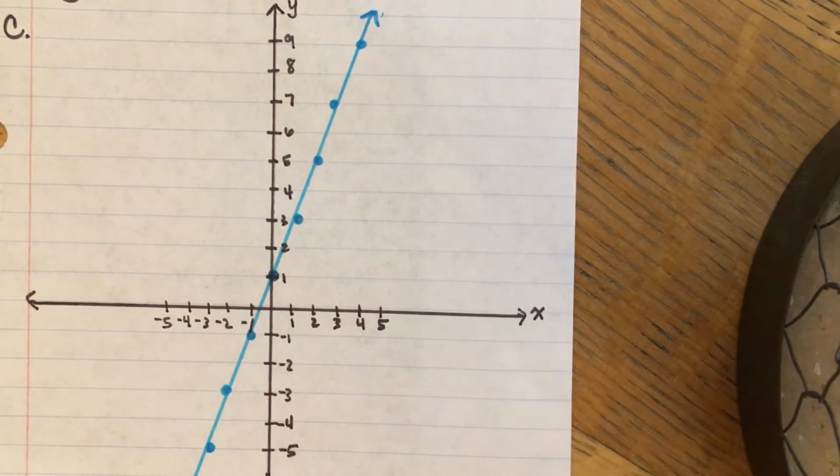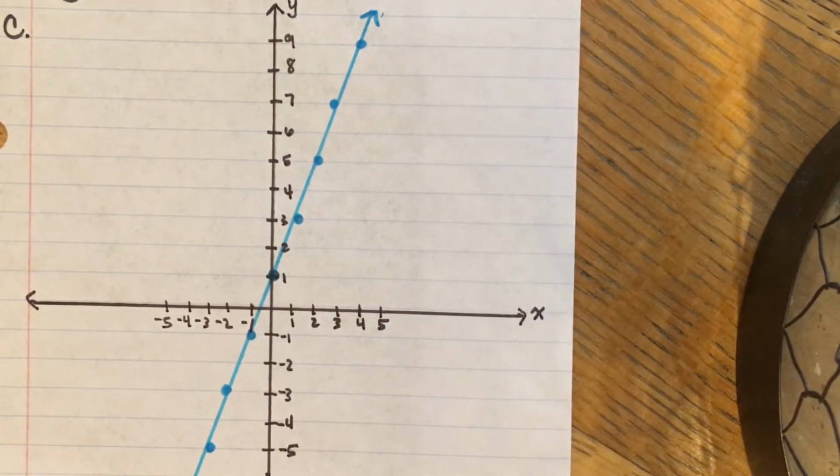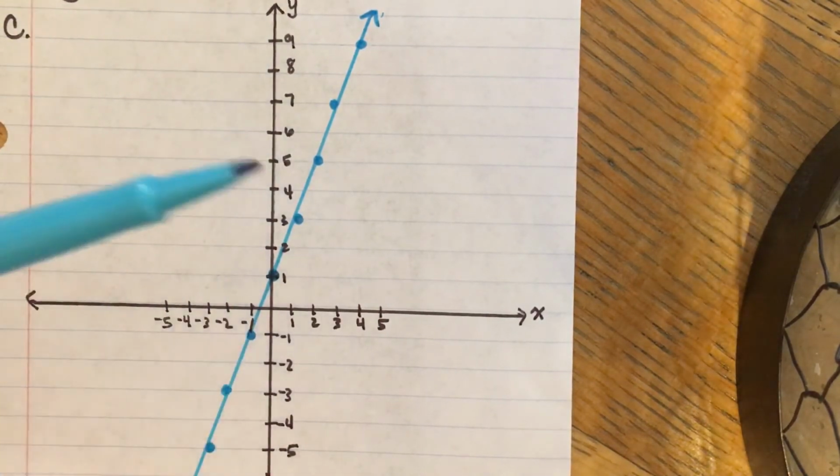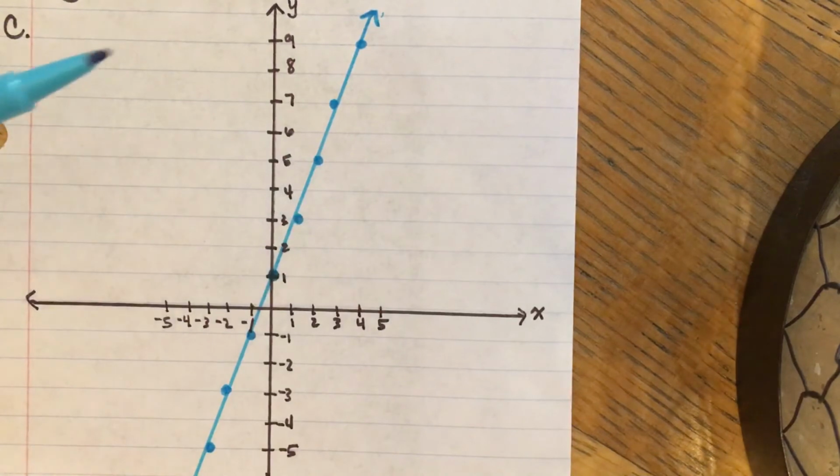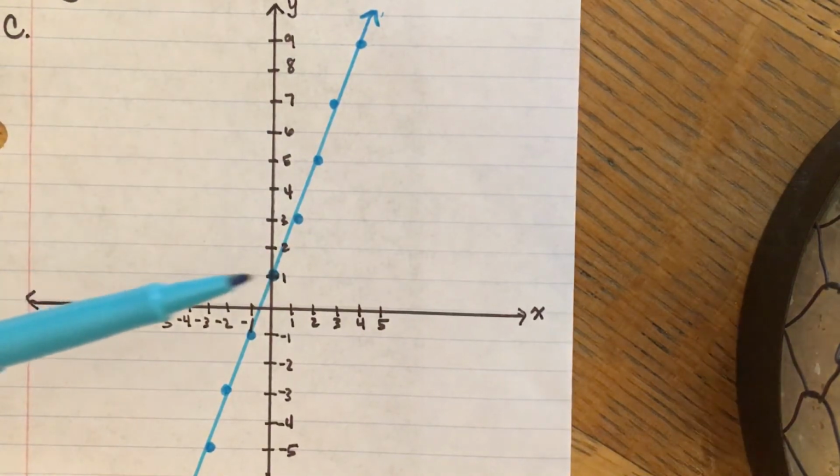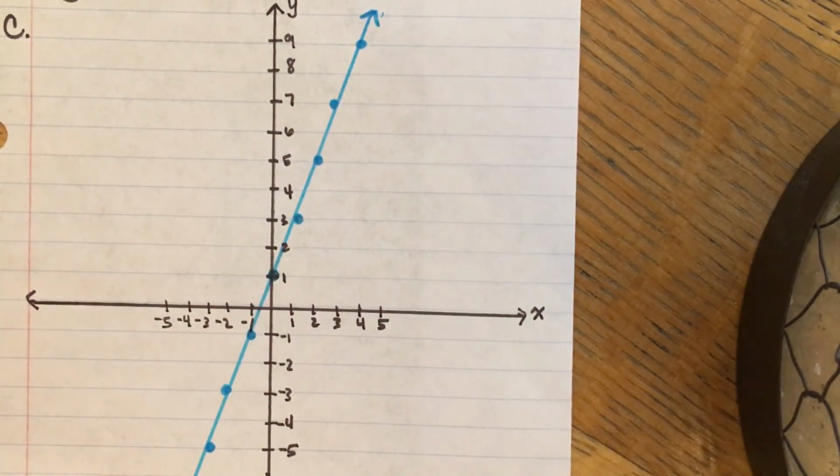But again, for a complete graph, you need to have an x-axis, a y-axis. They need to be labeled X, Y. You need to have numbers. You need to figure out a scale that works with your values. We counted by ones.